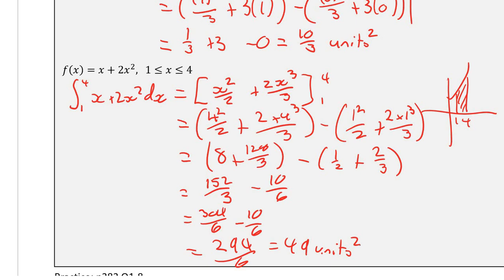You would have 3/6 plus 4/6, so that'd be 7/6. There you go. 49.5 units squared.